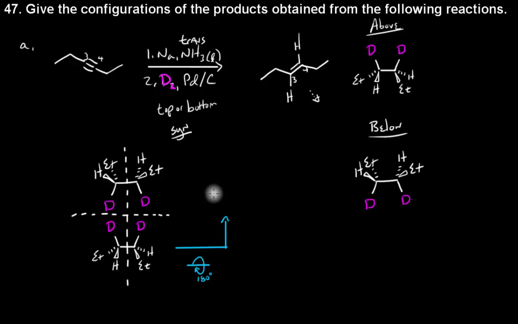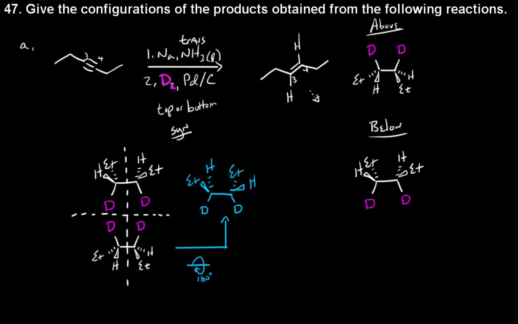We're going to rotate by 180, and we're going to have the deuteriums going down, and we'll have forward, away, away, and forward. So the ethyl was pointing down and away. It's going to end up pointing up and toward. And if the hydrogen was originally facing down and towards, it's going to be up and away. Same thing for the ethyl here and hydrogen right there.